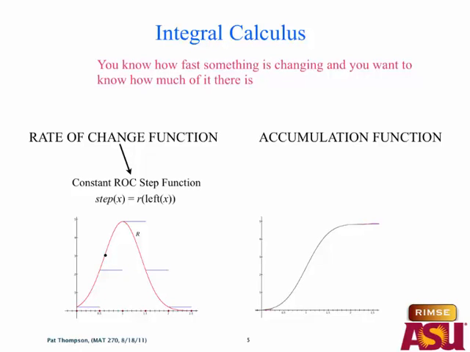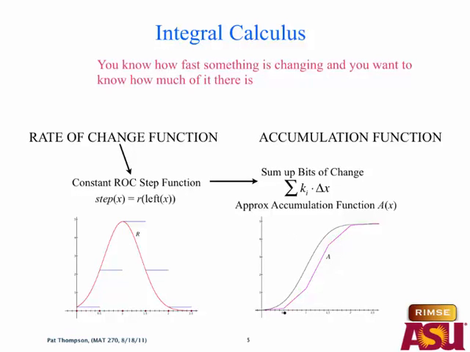And so we use the step function, in this case r of left of x, and we can use that to easily sum up bits of change: k delta x plus k delta x plus k delta x. That is the whole big picture of our approximate rate of change function.